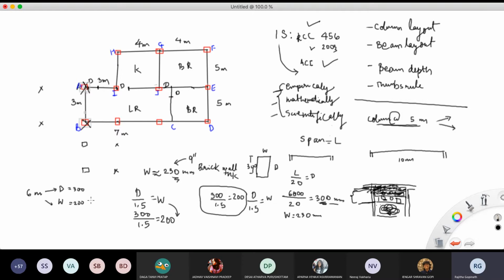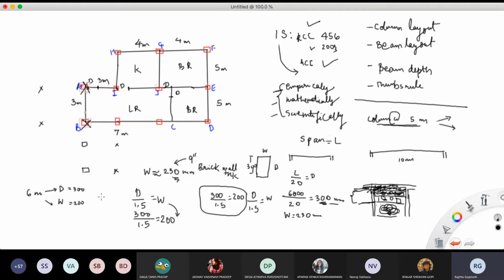Okay, now if you simply do span by 10, someone said span by 10, L by 10, right? So for 6 meters you will end up with 600 mm, more than half a meter, 600 mm depth of the beam.